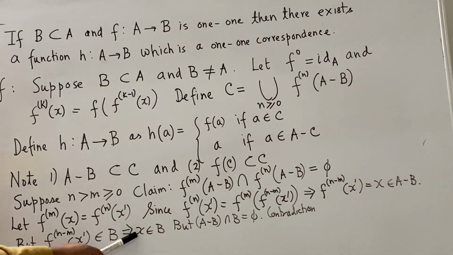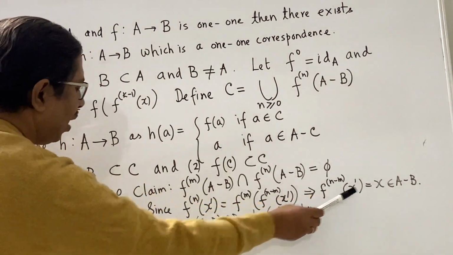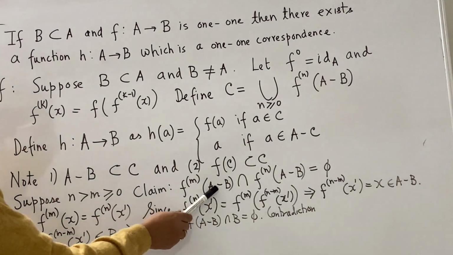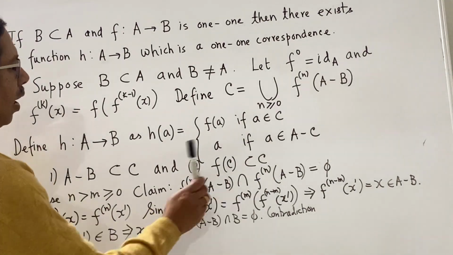But this element x we are seeing is both in A minus B as well as in B, which is not possible. So our assumption that there exist two such integers n and m for which f^m(x) is equal to f^n(x') is false. So there is no element in common between f^m(A minus B) and f^n(A minus B).